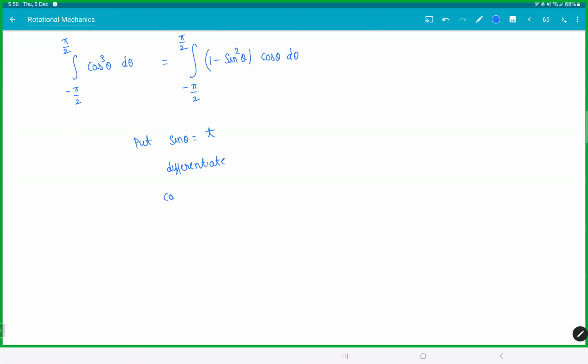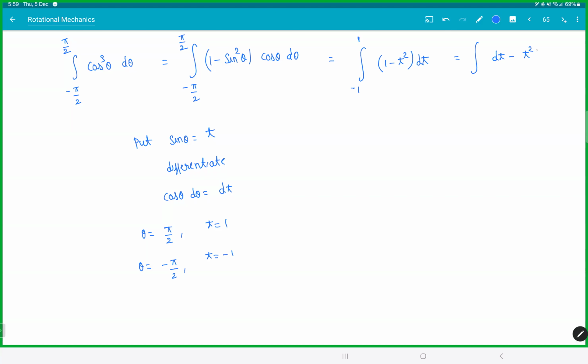The differential of sine becomes cos theta d theta. This becomes dt. When theta is equal to 90, t is equal to 1. When theta is minus 90, sine of minus 90, t is equal to minus 1. So this will transform into minus 1 to plus 1. Sine square theta is t square and cos theta d theta is dt. It becomes a simple integration.